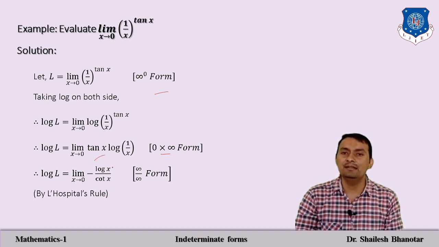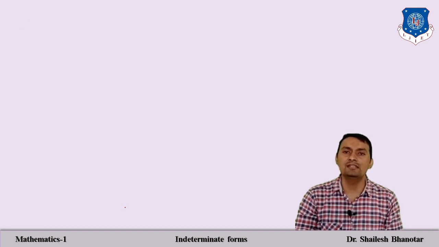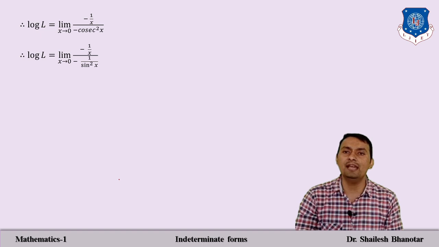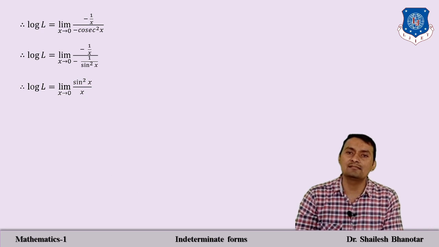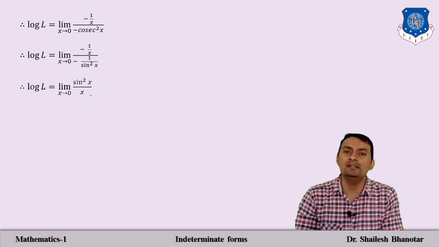1 divided by tan x can be written as 1 divided by cot x. So again we have infinite by infinite, so just take the derivative with respect to x, so we get limit x tends to 0 of minus 1 by x divided by minus cosec square x, and after simplifying we get this one. But again there is a standard form, sin x is there, but again denominator x is there.